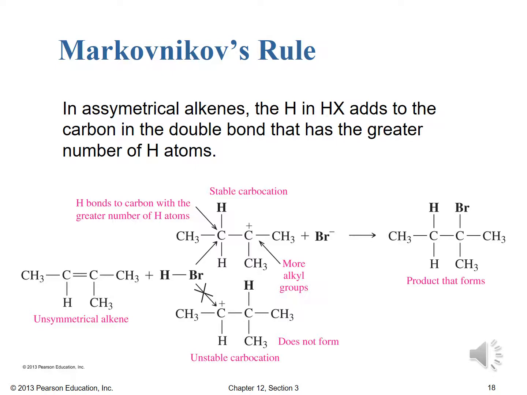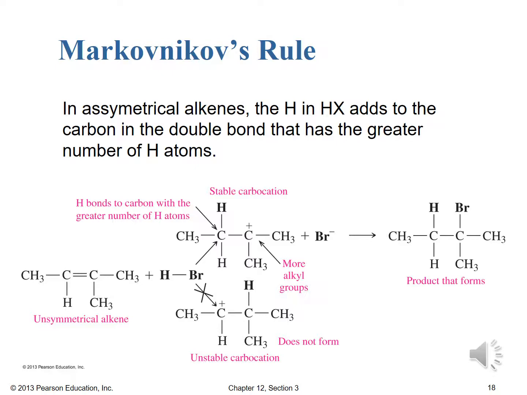So if we think back to that mechanism from the previous slide, the carbocation, the carbon, is bearing a full positive charge, and the way that carbon bearing that form of positive charge can have the stability it needs to be a stable carbocation, even on the order of fractions of a second, is to have more alkyl groups around it so that it can have those groups donate some electron density through bonds to stabilize the carbocation, right?